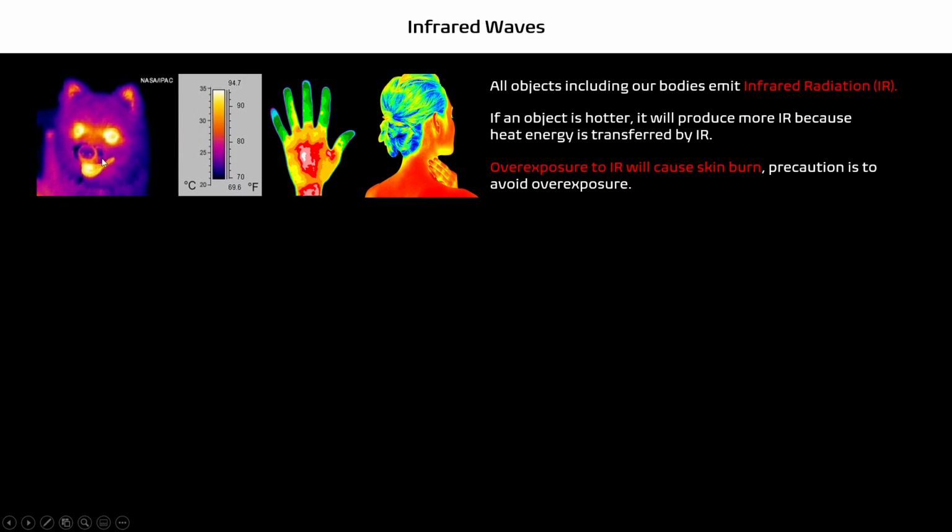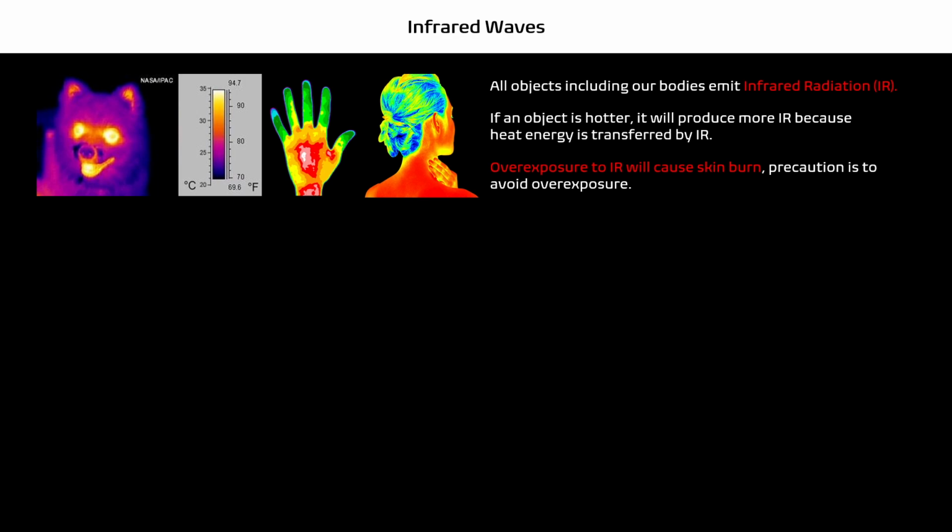The eyes and the mouth of this tiny chihuahua are going to be very hot as well. If you are overly exposed to infrared radiation, it will cause skin burns, and the precaution that you can take is simply to avoid being exposed to it.